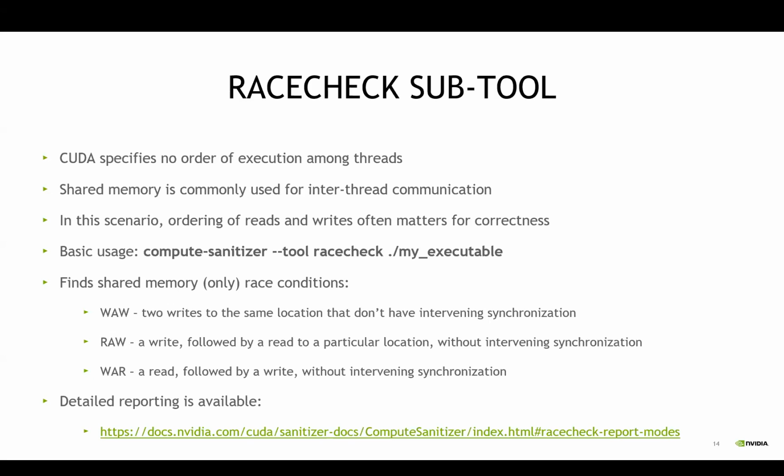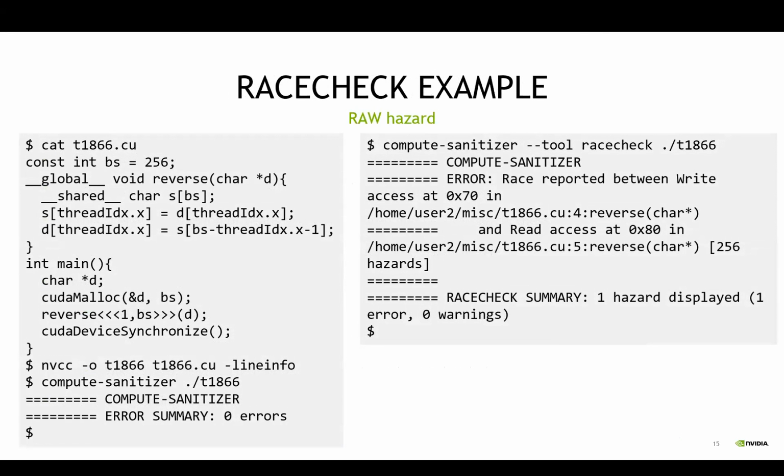WAR and WAW are 2 other types of hazards, but hopefully you can imagine what those might be like. You can get more detailed reporting if you want. In other words, I'm going to cover the basic reporting that you get based on the syntax that I'm showing on this slide, but you can get much more detailed reporting on these errors if you want.